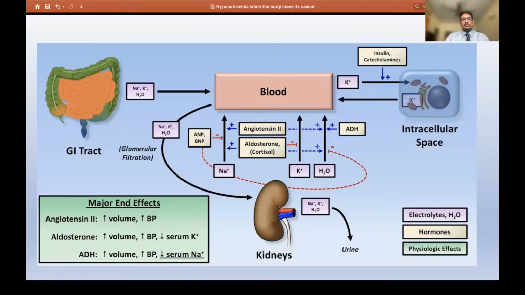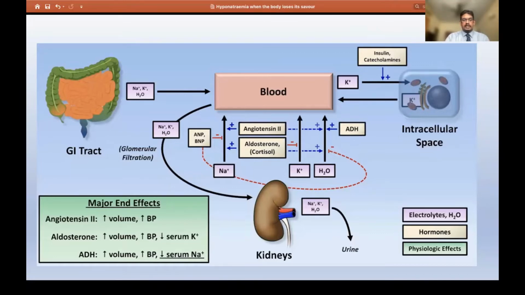Whereas you get another system, the atrial and brain natriuretic peptides, the ANP and BNP, which also go in the same direction, but that is produced by a different hormonal system. Therefore, derangement of these hormones does not affect the sodium concentration so greatly.